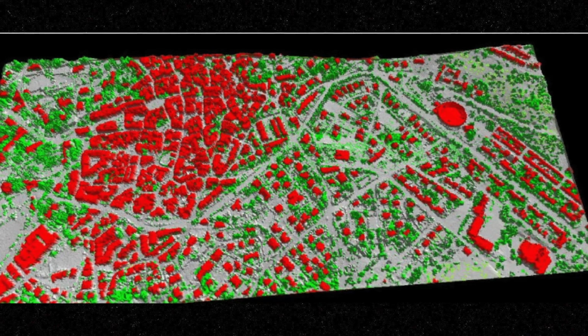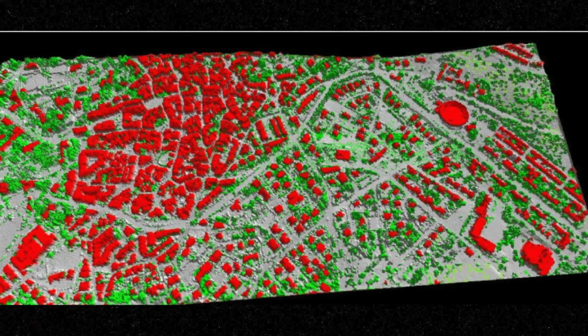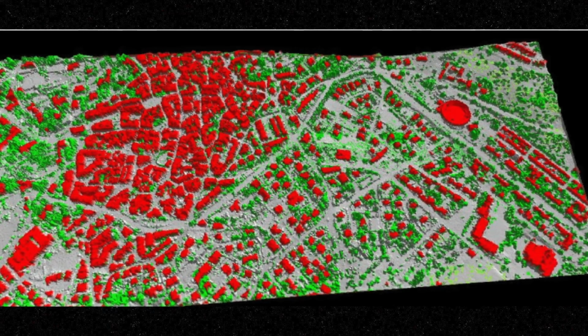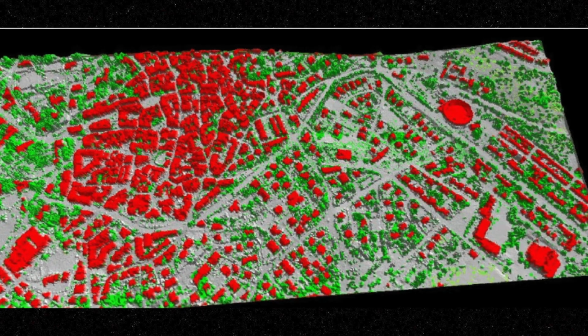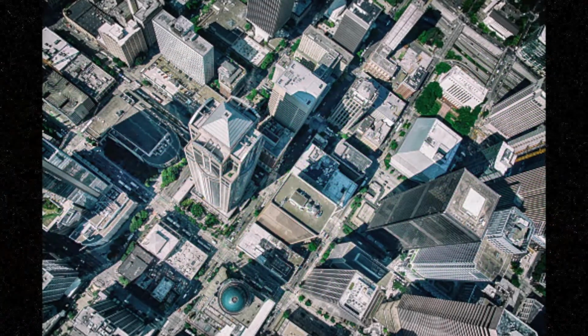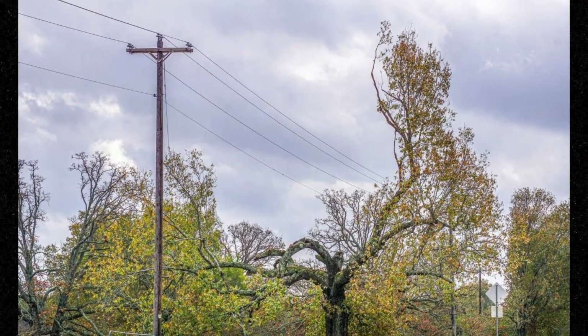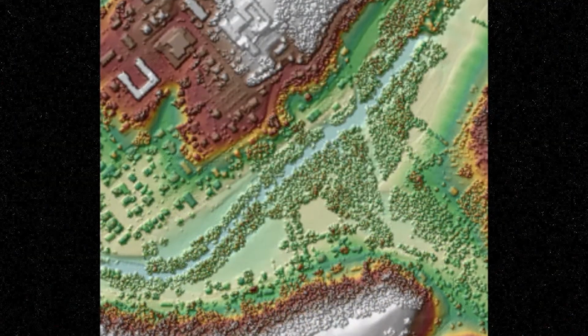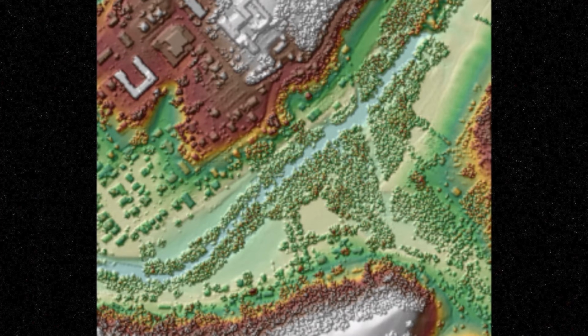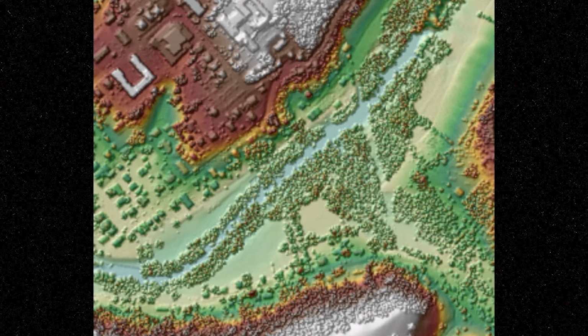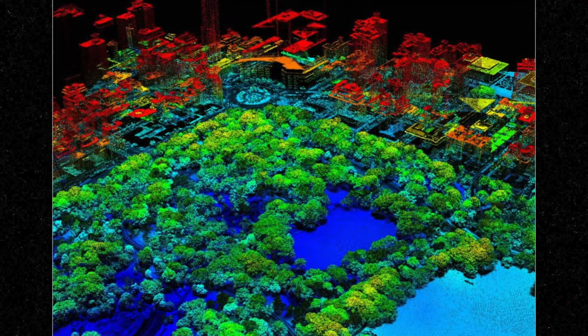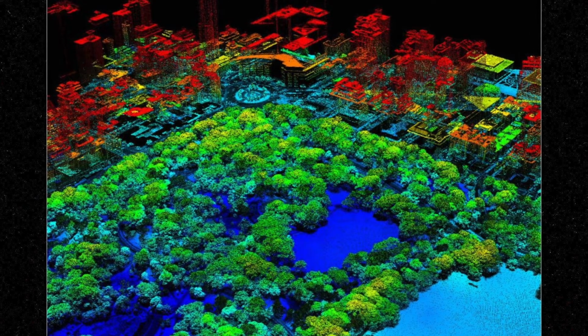A digital surface model is an elevation model that captures both the environment's natural and artificial features. It includes the tops of buildings, trees, power lines or any other object. This is seen as a canopy model and only sees ground where there is nothing else above it. The digital surface model represents a true copy of an area.